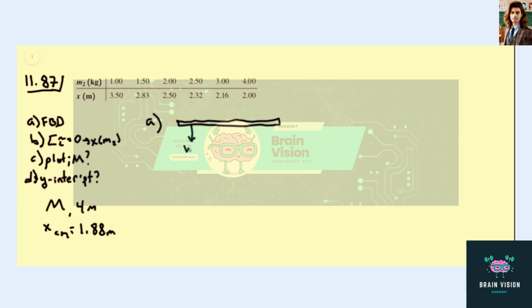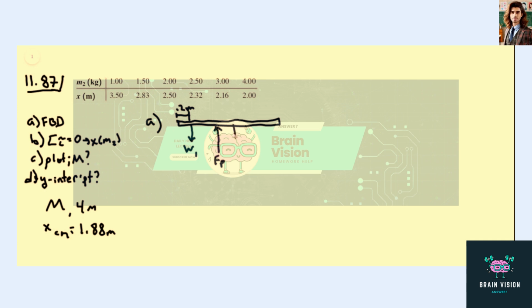Mass 1 is suspended 0.2 meters from the left-hand side. The knife edge pivot is here, 1.5 meters from the left-hand side. We'll call the normal force it exerts Fp.